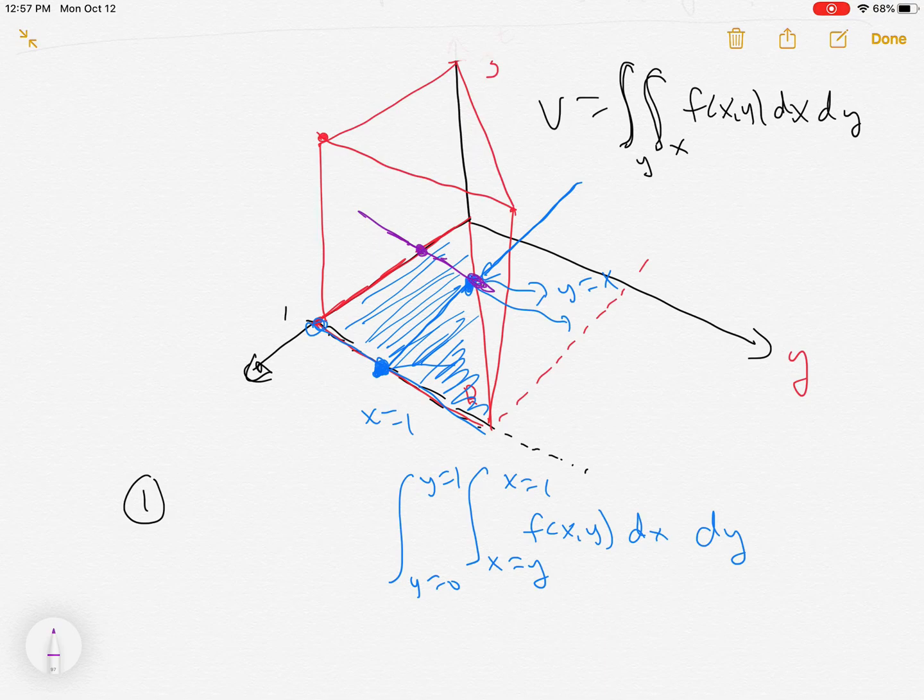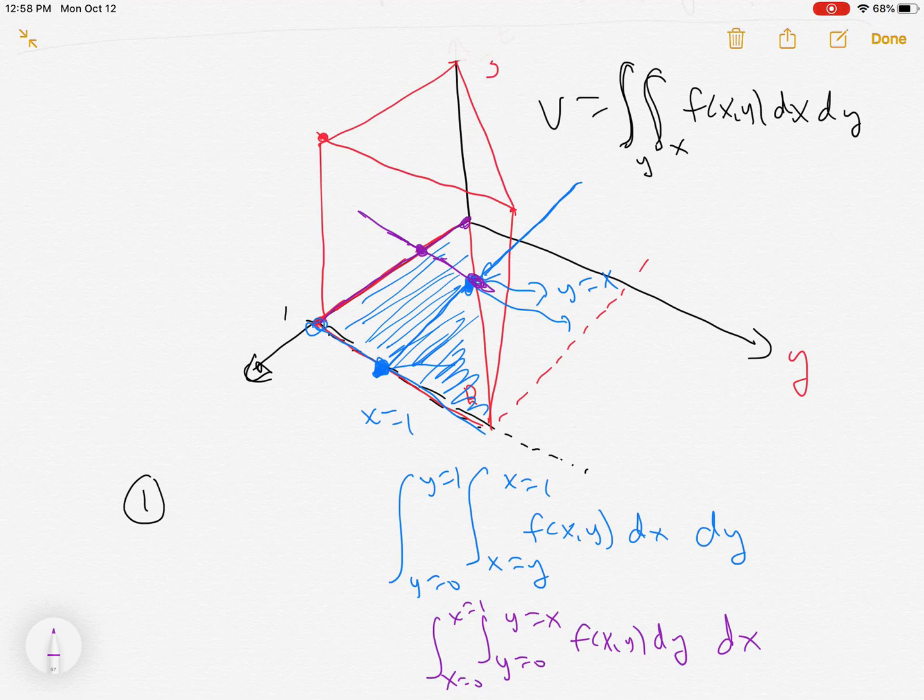And so this intersection would have been what? y equals 0 to y equals x, f of x, y, dy. And then x runs from 0 to 1, dx. And so that changes the order of integration, but because we're finding volume, I should get the exact same number.